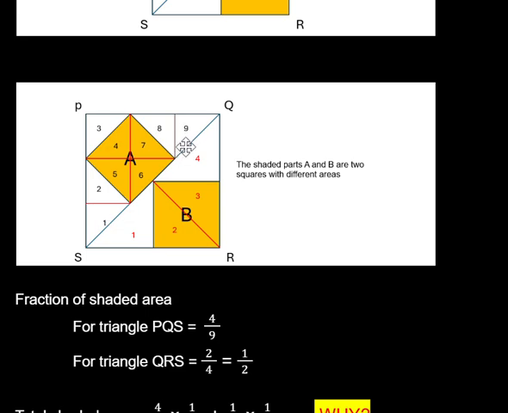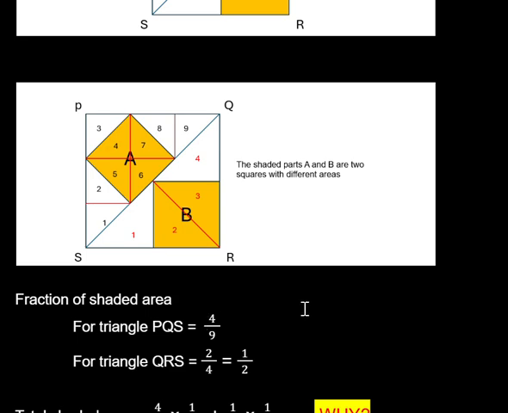We also know that triangles 9 and 8 are of the same size because the length is the same and the height is the same. So the upper triangle can be cut into a total of 9 pieces, out of which 4 are shaded.